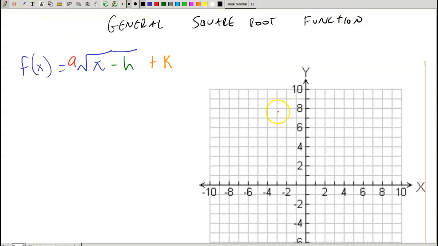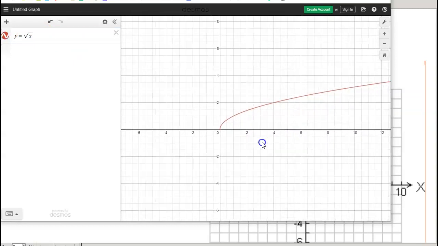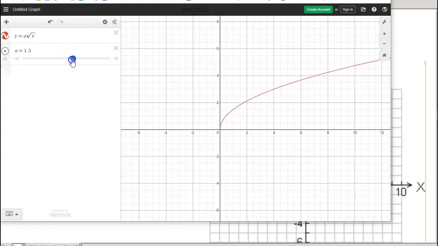To do that, we're going to look at Desmos first. So here's Desmos, and here is the parent function, y equals the square root of x. You can see that we have the same graph that we already looked at. Now let's take a look at the a value. I'm going to put an a here and add a slider to that. Watch what happens if a increases. Watch what happens to the graph. It is stretched upward, right?